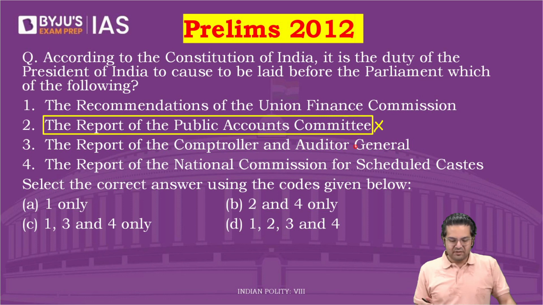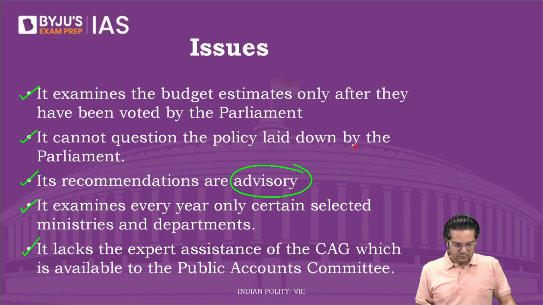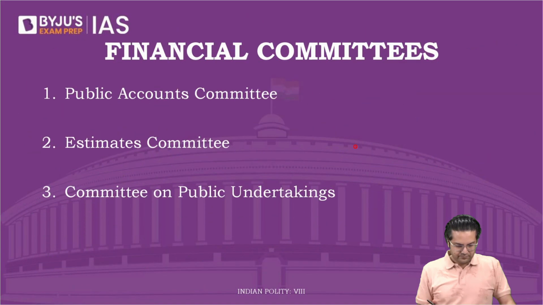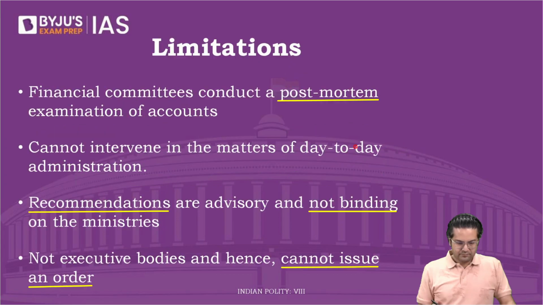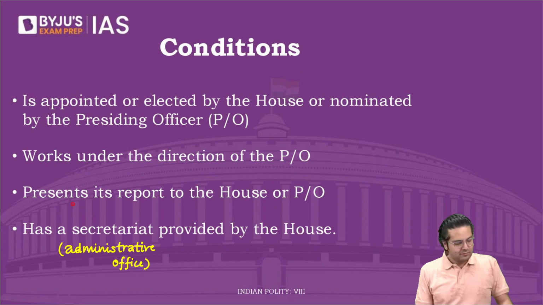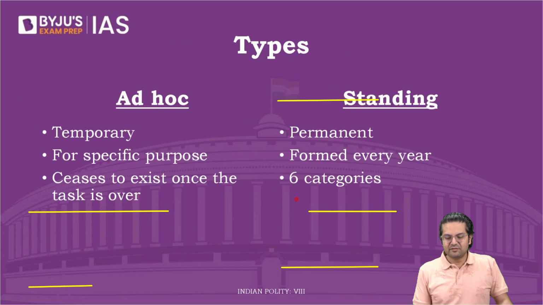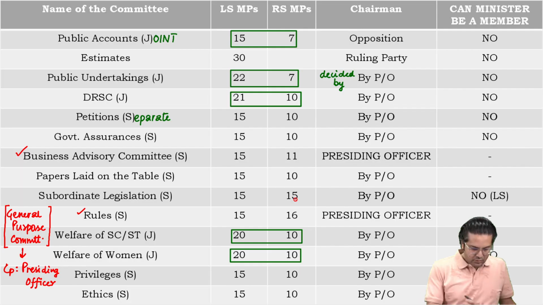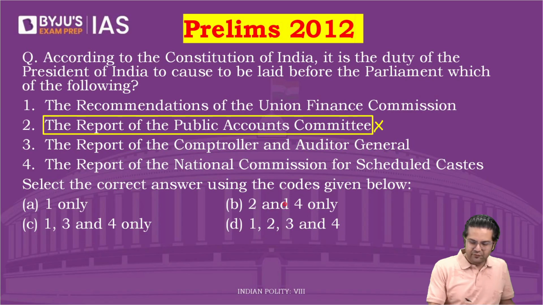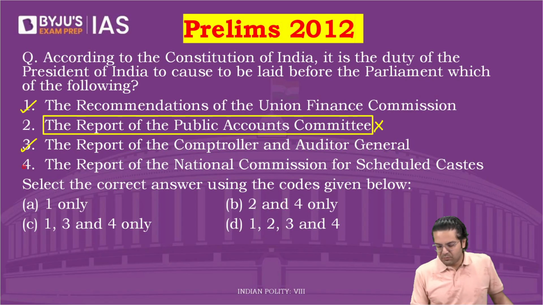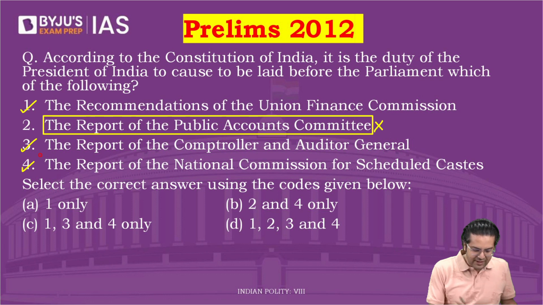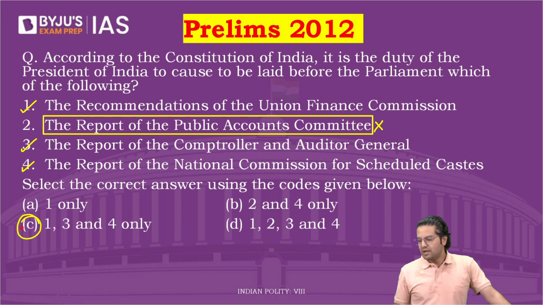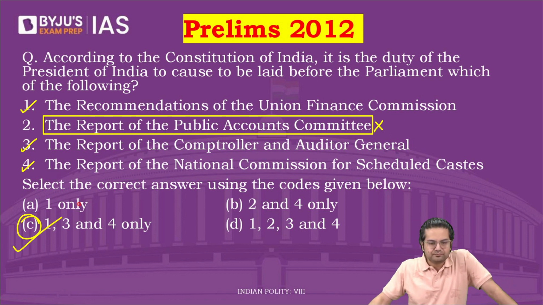These committees give their report to the presiding officer. Yes or no? Now, do you know why 2 is not the answer? Basic common sense was required, not even knowledge. So 1, 3, 4 are all constitutional bodies. So C is the right answer. Are we clear, everybody?